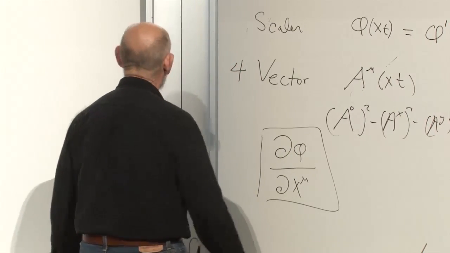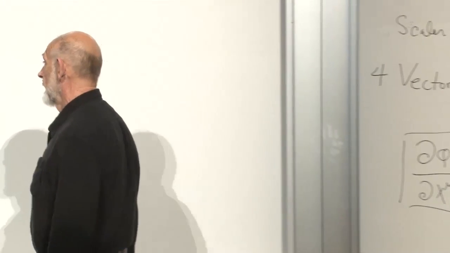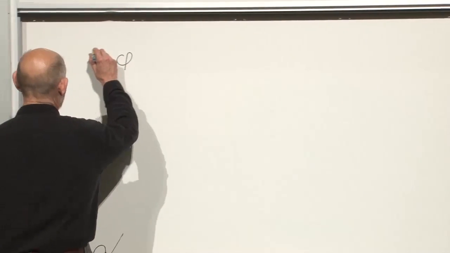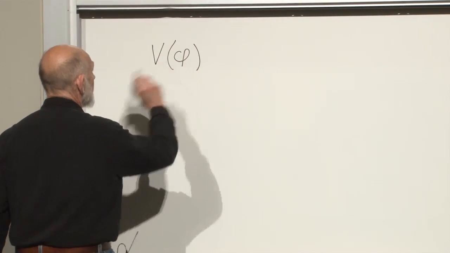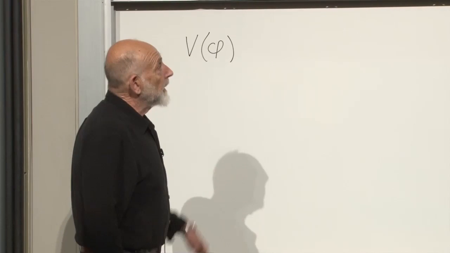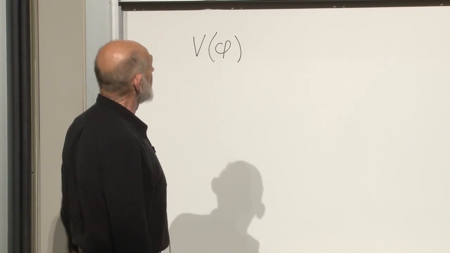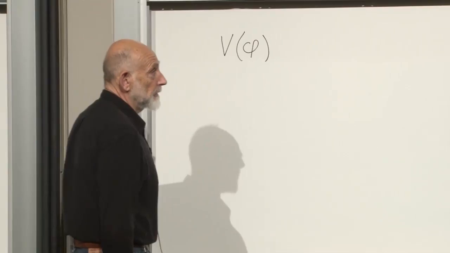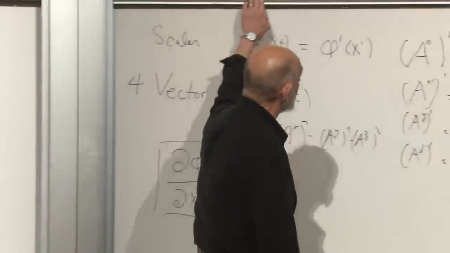So any function of phi is also a scalar, and therefore it's a candidate for something that you can put into the Lagrangian. Well, we've already done that. Right over here.